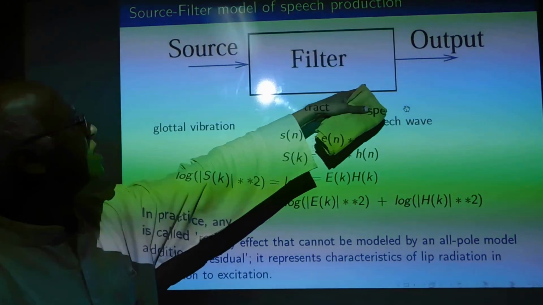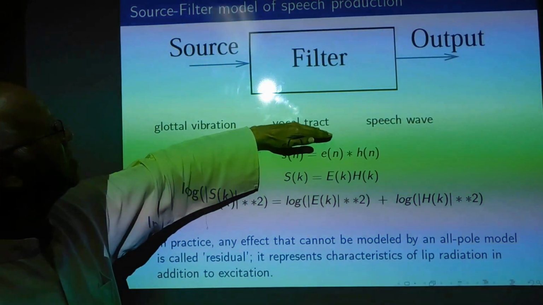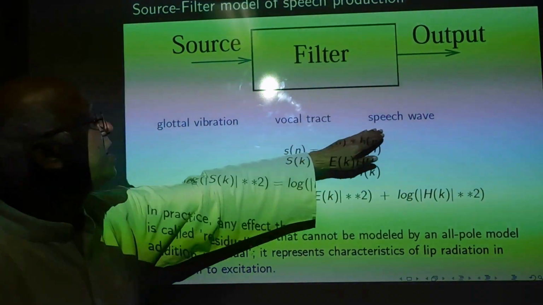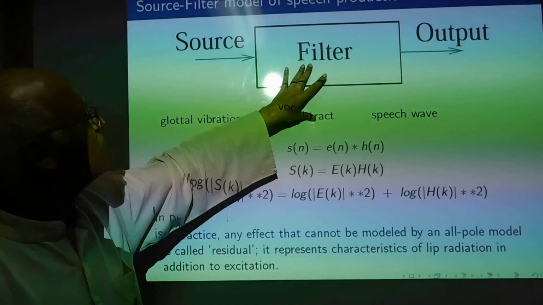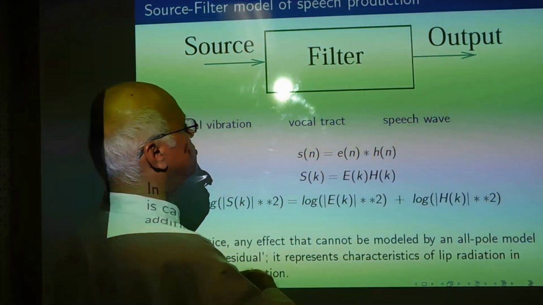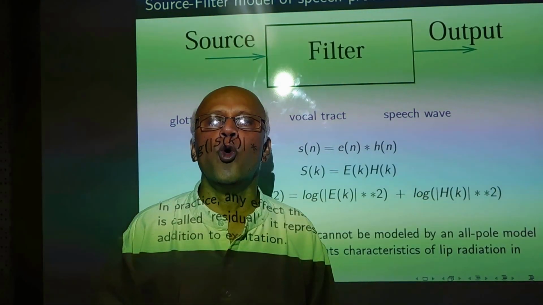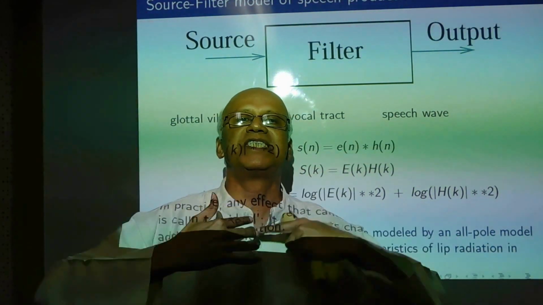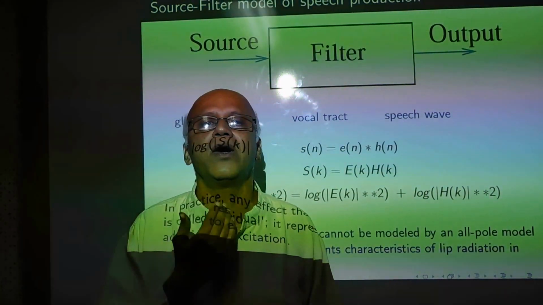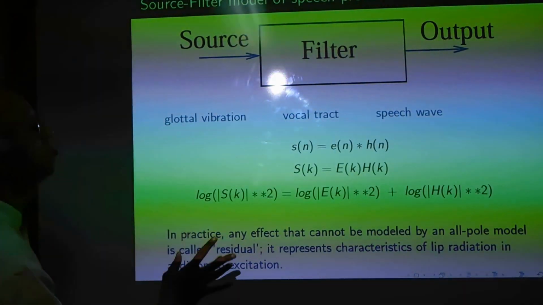So in the source-filter model, the input is the glottal vibration, then the vocal tract, and then the output. The vocal tract size and shape determines the output speech waveform. When you speak different speech sounds, when I say A, E, U, O, I, I keep changing the size and shape of my vocal tract, and that means the filter characteristics do change.